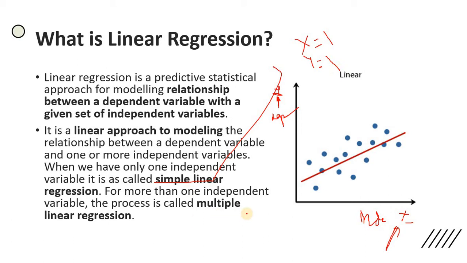If there is more than one independent variable, suppose for a company we are asked to predict the annual sales, the annual sales of the company is the dependent variable. It depends on multiple factors like advertisement and product quality. So if the independent variables are more than one, it is called multiple linear regression.